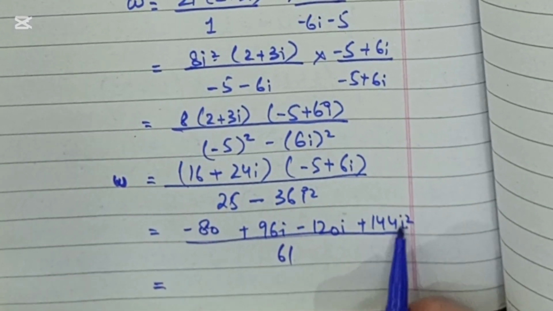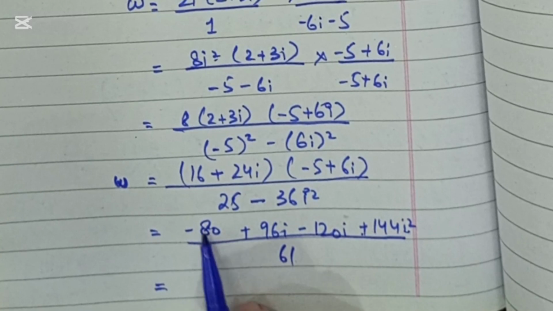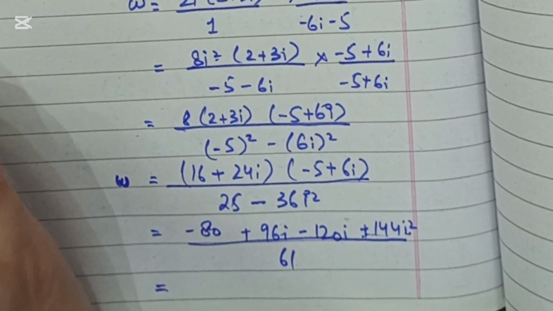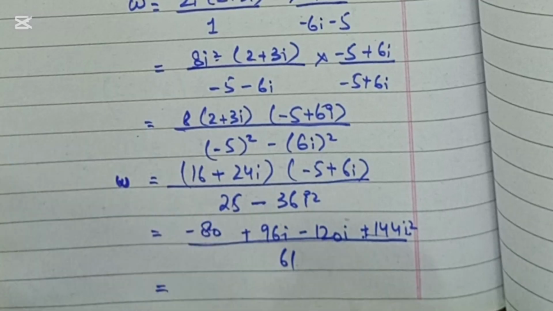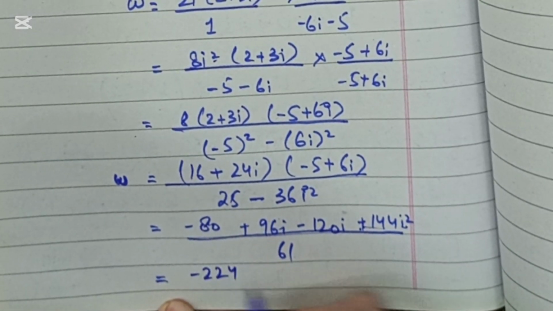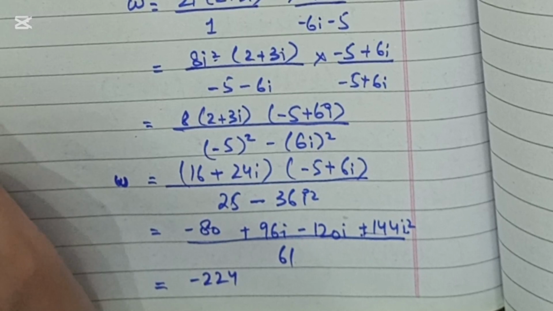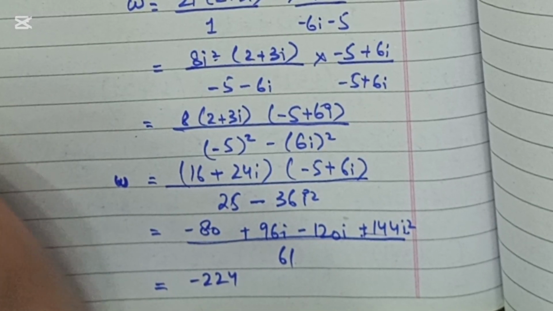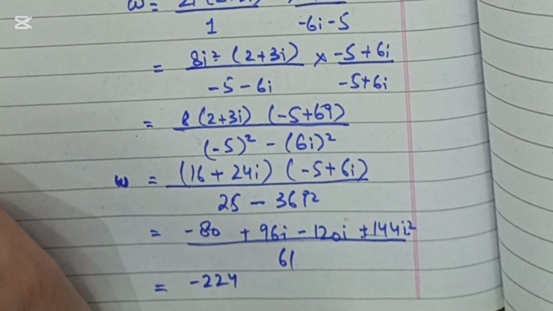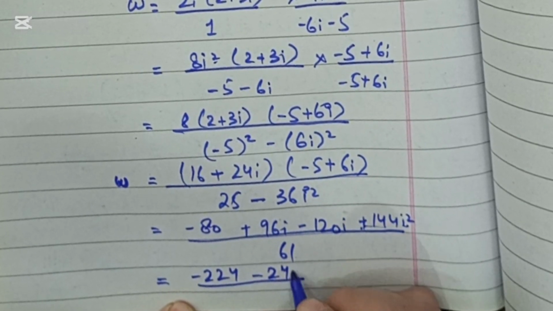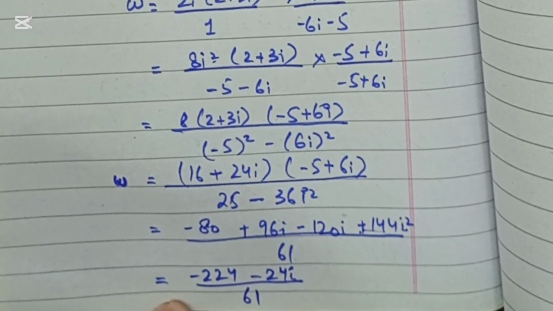And you see iota square again will change sign, it's minus 80 and minus 144, it will be minus 224. Now these two, 96 minus 120, it will be minus 24, minus 24 iota divided by 61.